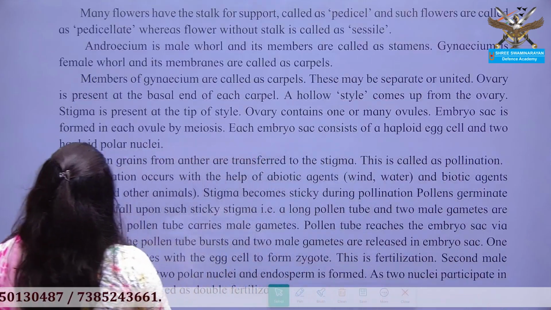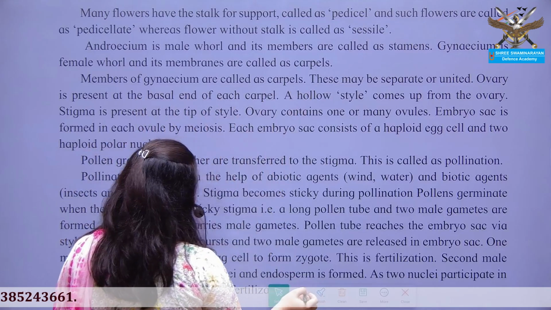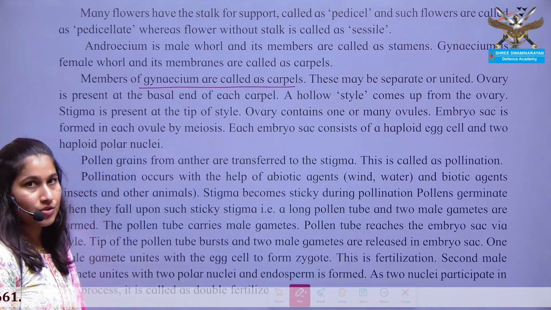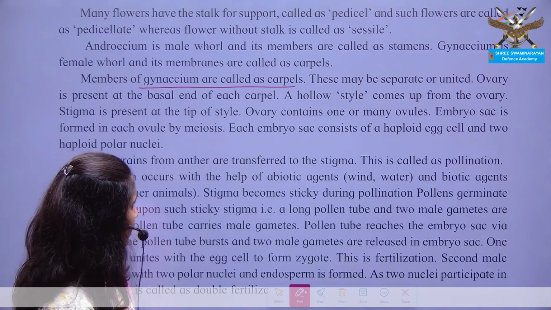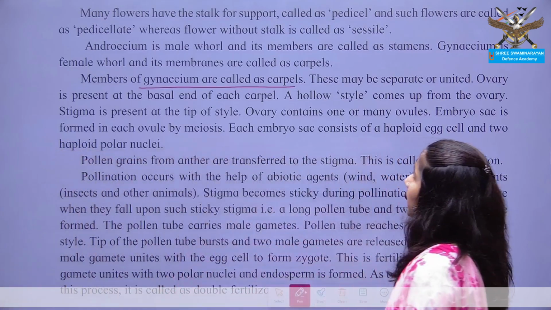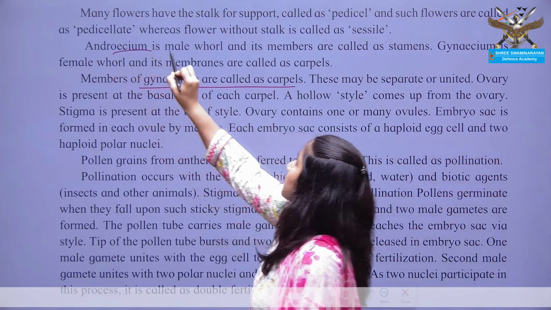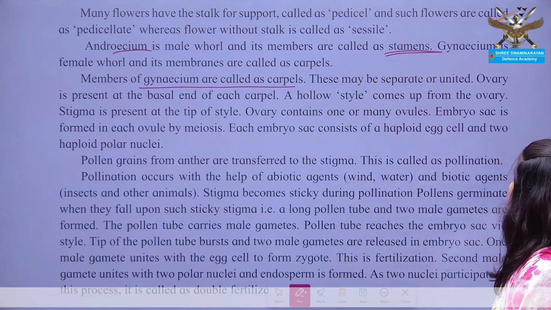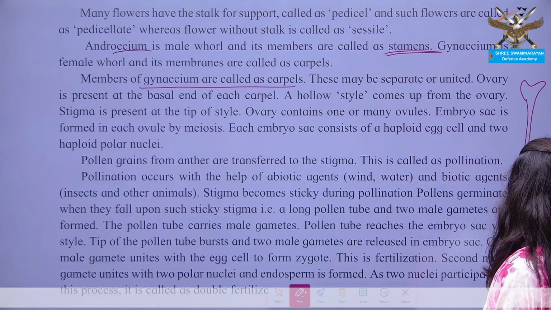There is one point: the individual member of gynoecium is known as carpel. Don't get confused; in simple words, a single member of the gynoecium is known as a carpel, and the androecium, that is the male whorl, its single member is known as stamen. Carpel is made up of stigma, style, ovary.